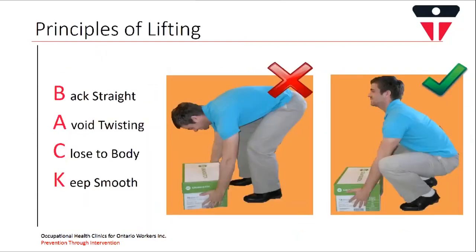Now, typically when we think of lifting, we tend to think of this scenario. Keep your back straight, avoid twisting, keep the load close to the body, and keep smooth. But some research has shown that this may not be the ideal lifting position after all, and that different types of techniques are useful under different scenarios. But first, let's examine the theory behind the acronym BACK.